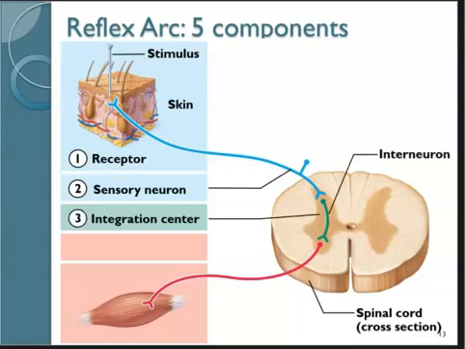Within the central nervous system, called the integration center, we have an interneuron that connects it, and then a motor neuron. If a decision is made to, for example, move that part of the body away, it will send it down the motor neuron efferent pathway to our effector, which will cause that change.